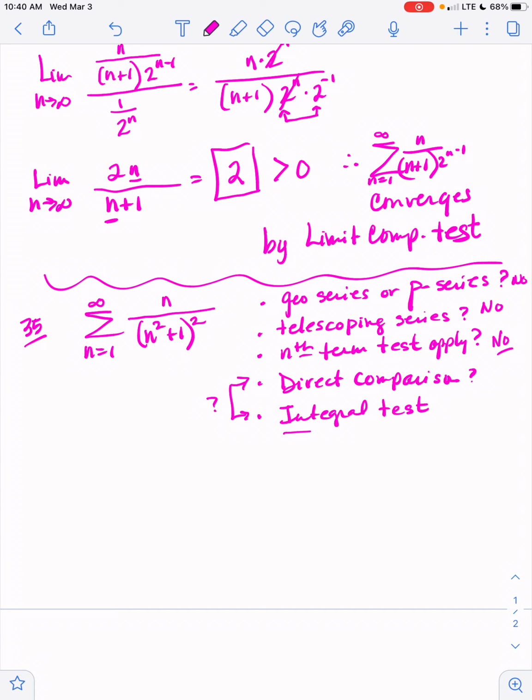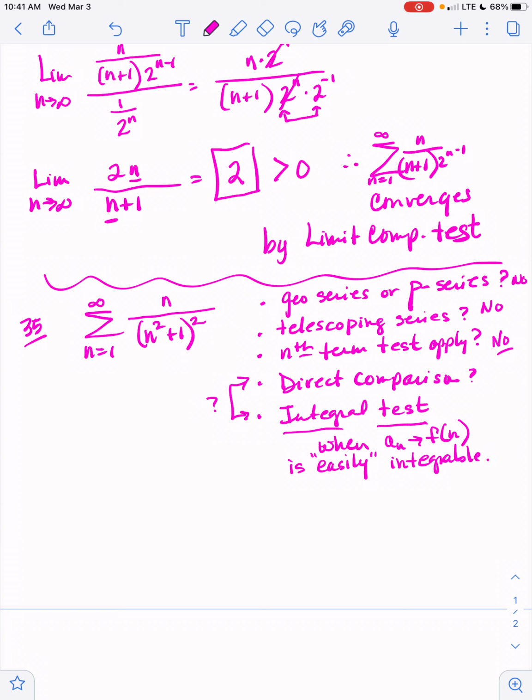Well, I'm going to choose the integral test when, let me write it like this. When a sub n, which I'm looking at it in terms of f of n, is easily, I guess easily is kind of relative, easily integrable.